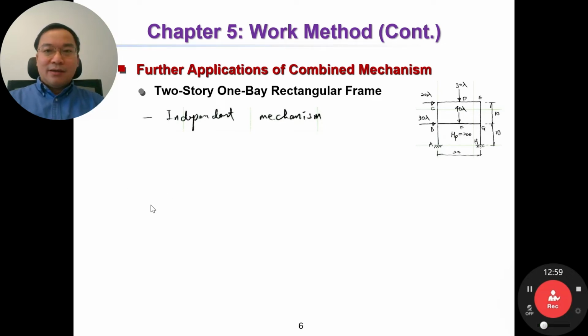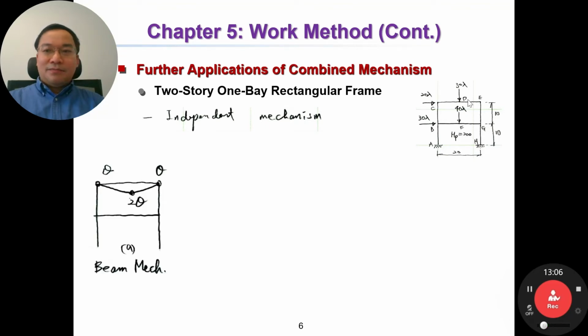What are they? The first one is the beam mechanism, beam CE. This mechanism is called mechanism A. And what else?